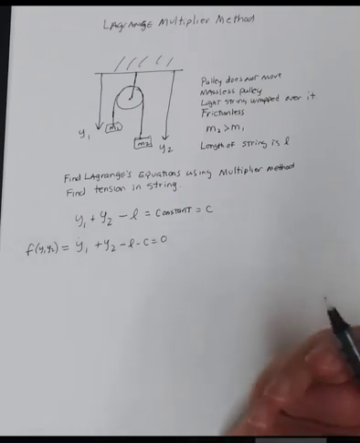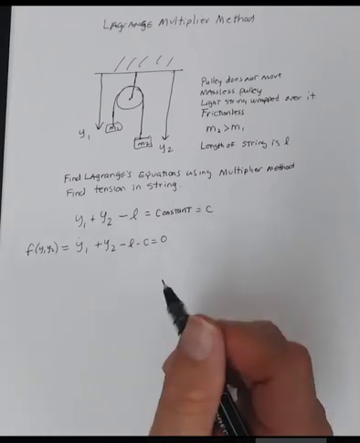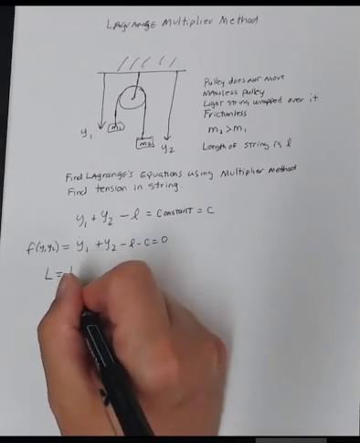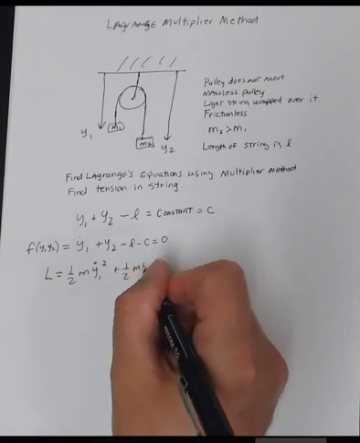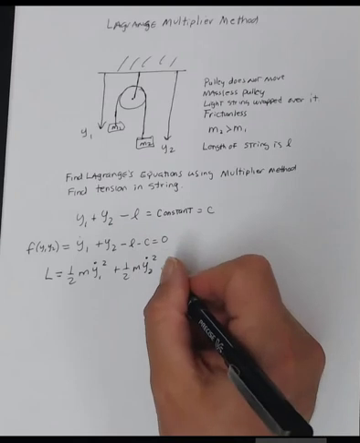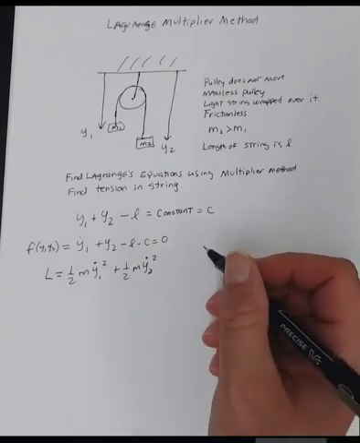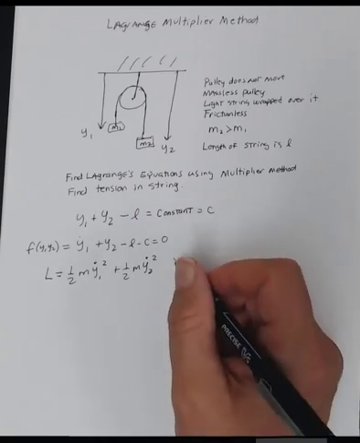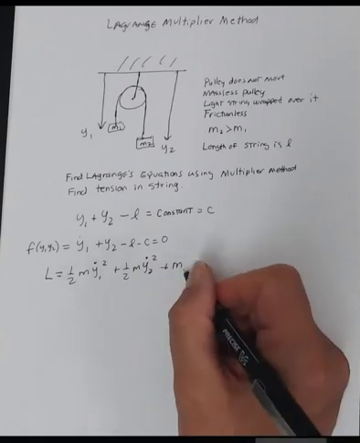So I have one equation of constraint, and I have two generalized coordinates. This is exactly like the example: N equals 2, m equals 1. So let's first find the Lagrangian. It's 1/2 m y1 dot squared plus 1/2 m y2 dot squared minus the potential energy. I'm just going to say the potential energy is 0 at the very top, so negative m g y1 and negative m g y2 is the potential energy, so I'll put plus because I'm subtracting the potential energy here.